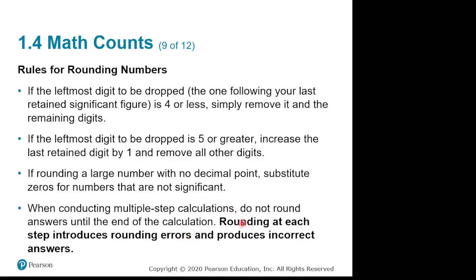Now, whenever you do calculations and you have to do multiple steps, you need to take as many digits as you can into the next step. The general rule is to take 2 extra digits. So instead of cutting it off at 2 decimal places, you cut it off at like 4 or 5 decimal places. Because if you round every single time, you're going to end up with numbers that are significantly different at the end than what they should be.